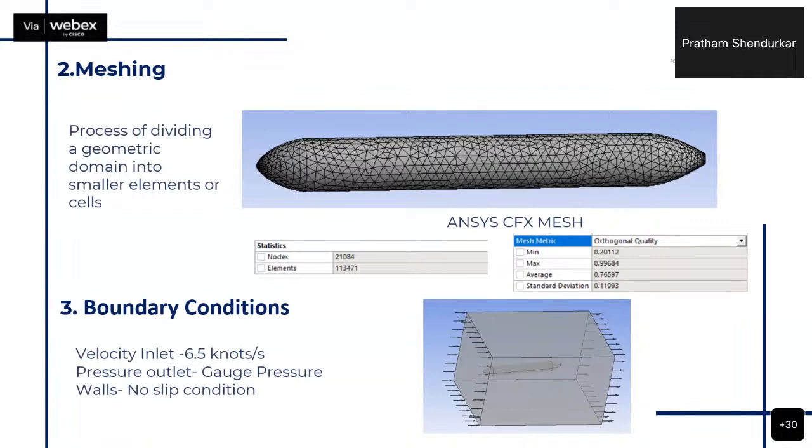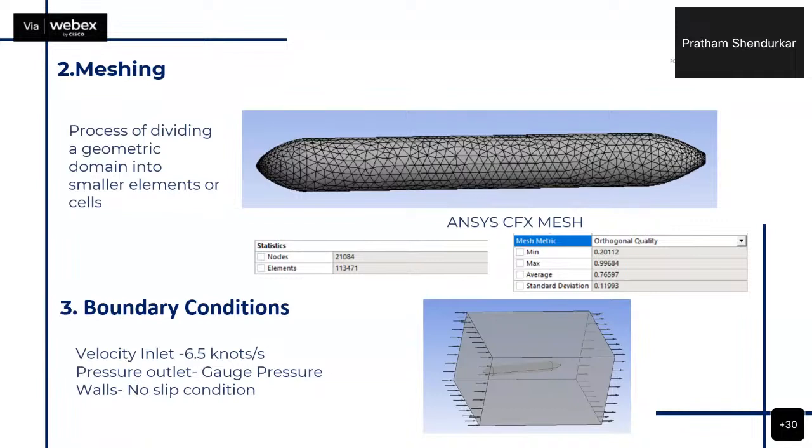There are various metrics which are used to check the validity of the mesh, like skewness, aspect ratio, or orthogonal quality. We have considered the orthogonal quality here. The minimum permissible orthogonal quality is 0.1, and our orthogonal quality is 0.2, which is allowable.